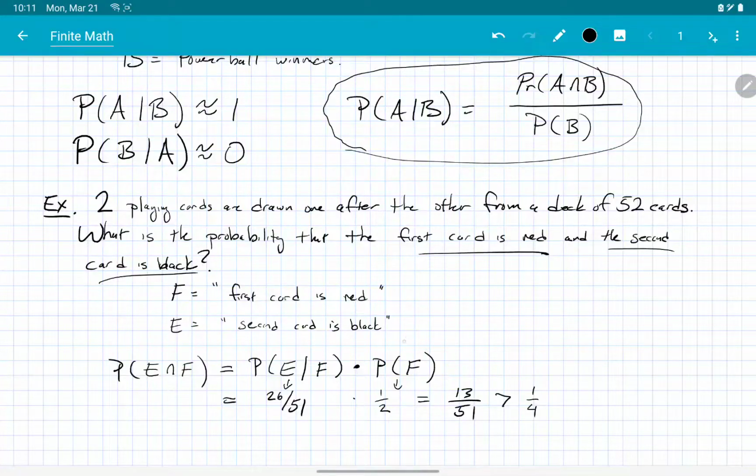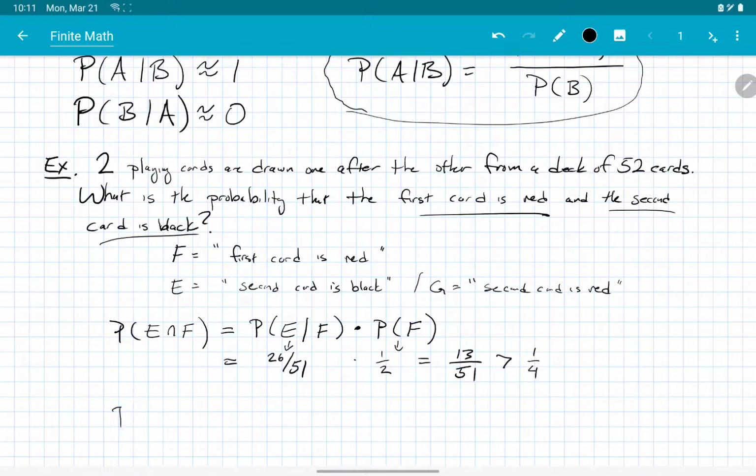Okay, now let's change this problem a little bit. Let's have another event called G, that is the second card is red. What are the probabilities that the first two cards are red?